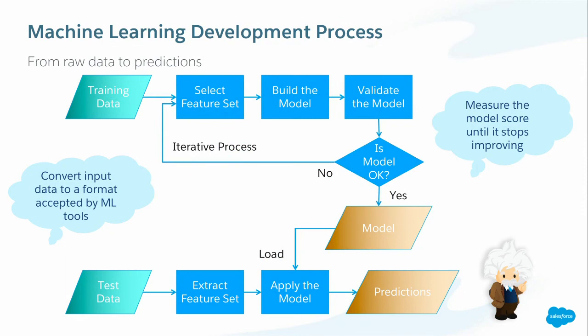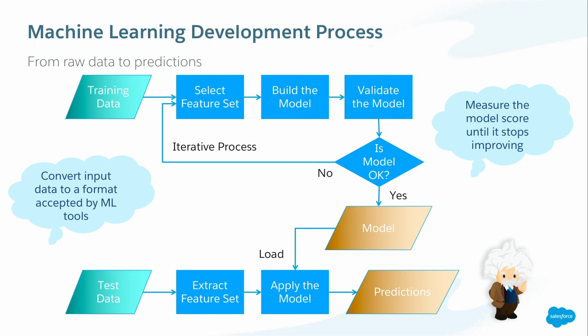So just quickly to go over the machine learning development process. When you are developing a machine learning model, what is important and takes a really large amount of your time is how to convert input data to a format accepted by machine learning tools.